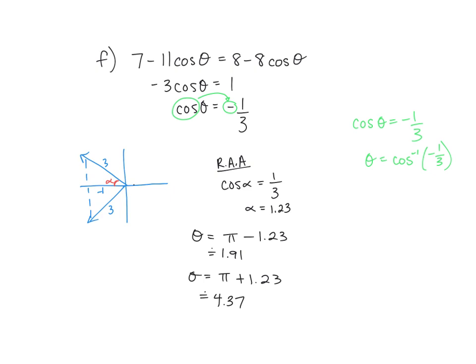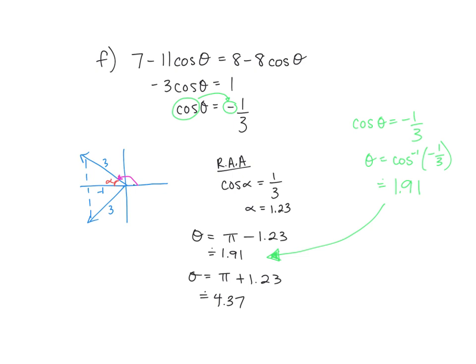If not, it will give us our first positive rotation. So if you typed into your calculator inverse cos of -1/3, you would have received an answer that theta is equal to 1.91, which you'll notice, yes, does give me my first value of theta. However, that 1.91 is our principal angle here.